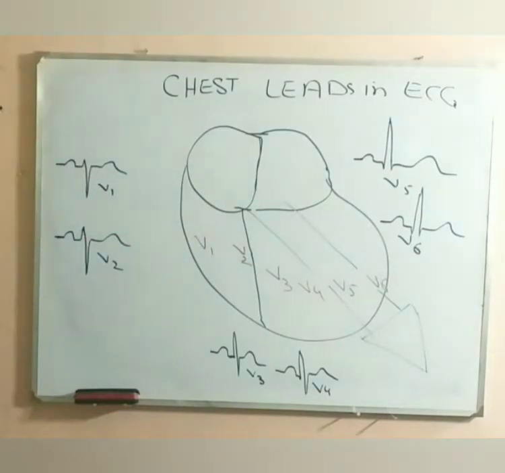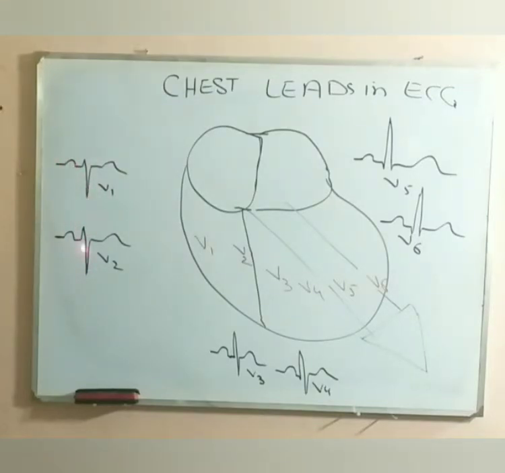So this is a natural phenomenon, and what is the concept behind it? Because V1 and V2 are located on the right side of the heart, and its muscle mass, which is the right ventricle, is a very small muscle, like a pocket, and they are located anteriorly. The major portion of the electrical activity is represented by the left ventricle, and V1 and V2 both see the left ventricular electrical activity going away from them, so they generate a deep S wave and a very small R wave.